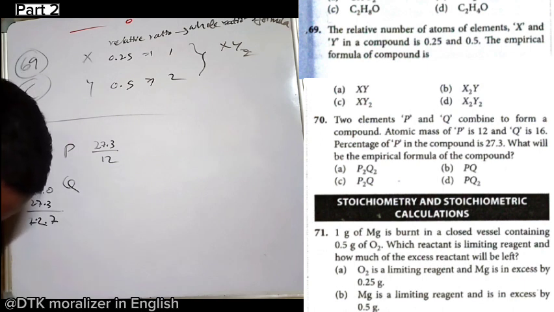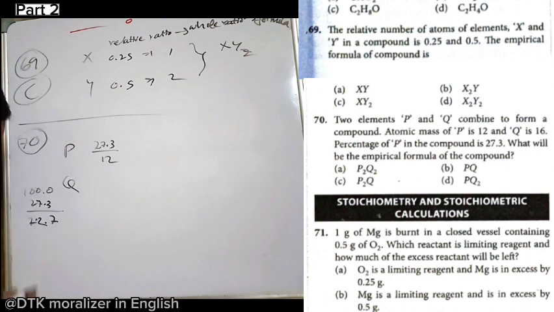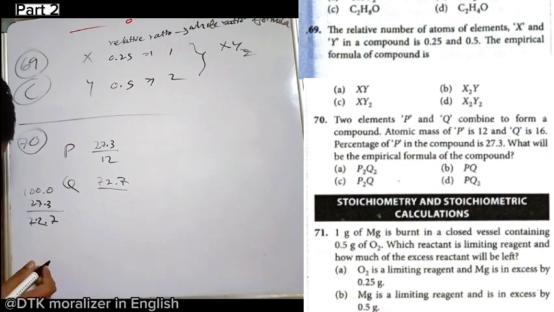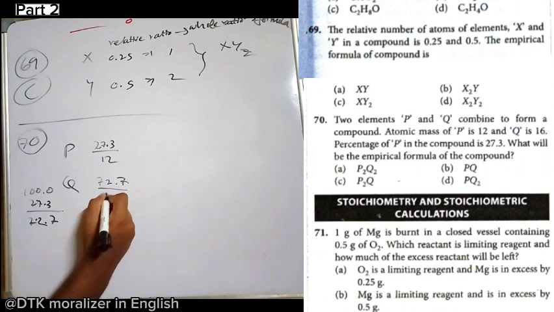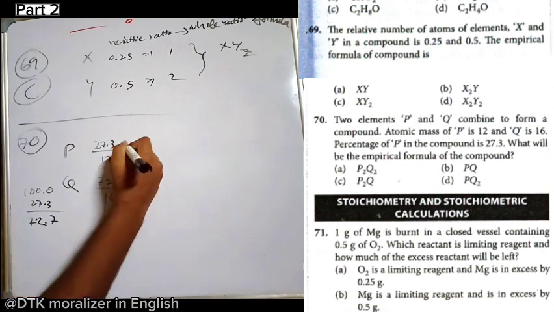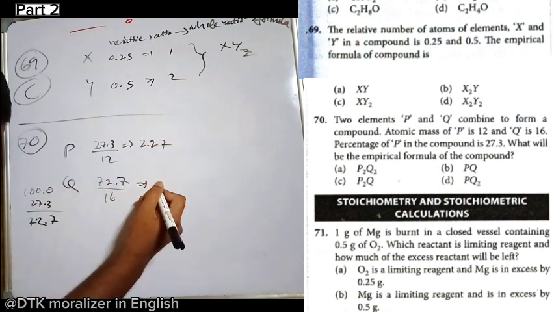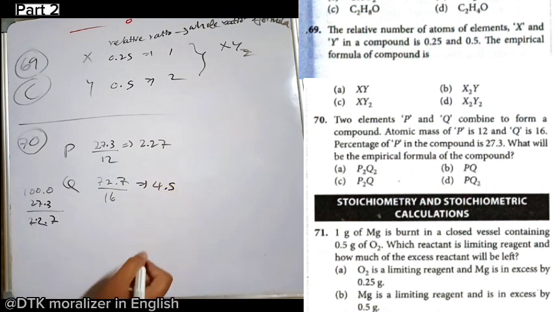We get Q as 72.7, divided by Q's atomic weight, 16, giving 2.27 and 4.5.